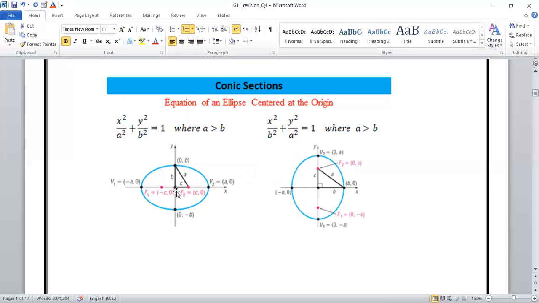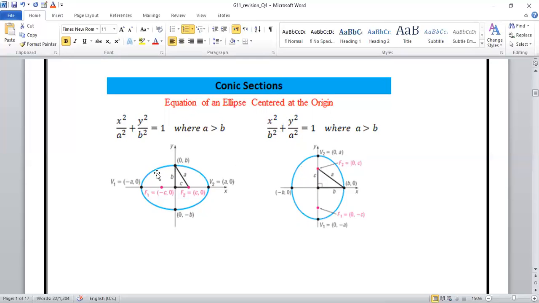Again, a refers to half the length of the major axis, and b refers to half the length of the minor axis. Always a is greater than b.